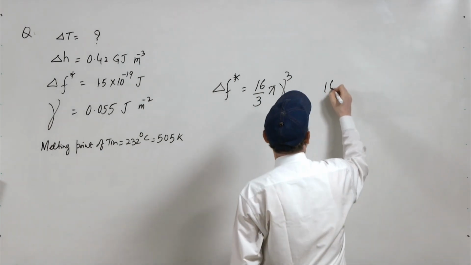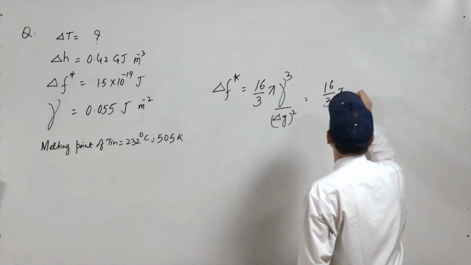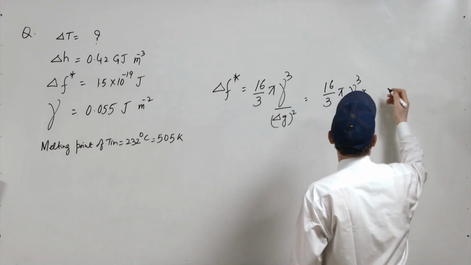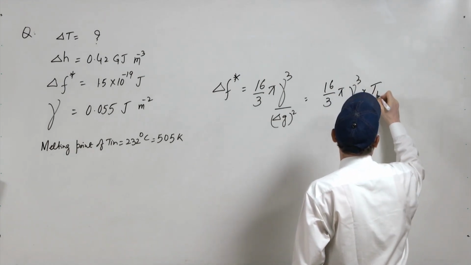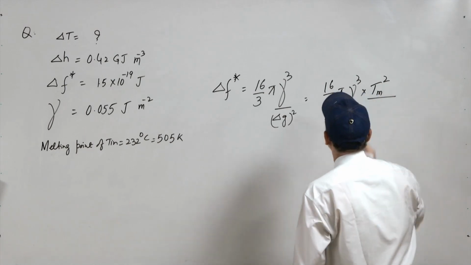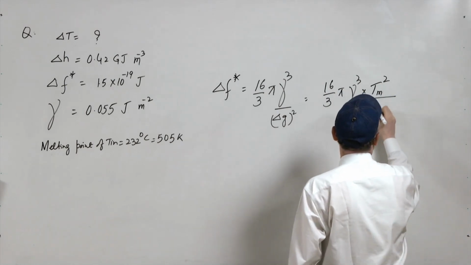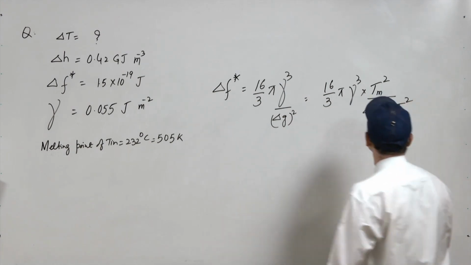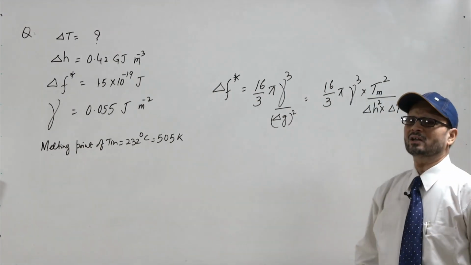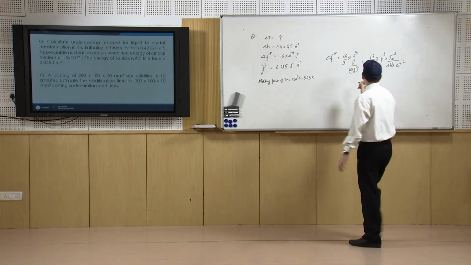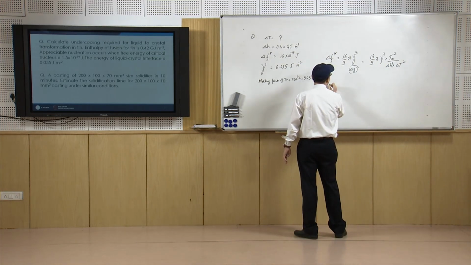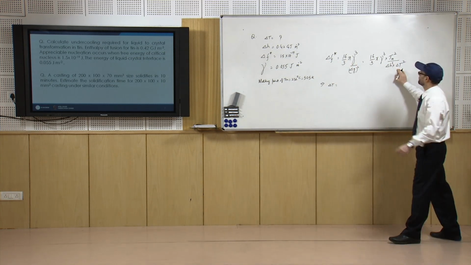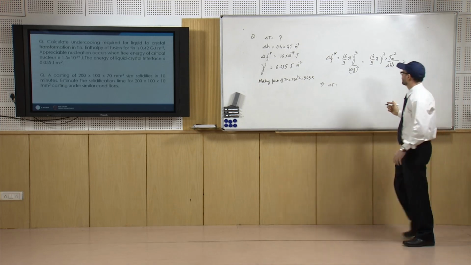So it will be 16 by 3 pi gamma cube into T m upon delta H into delta T, both squared. From here we get the expression for delta T, and this delta F will go, and then we have to find the square root.